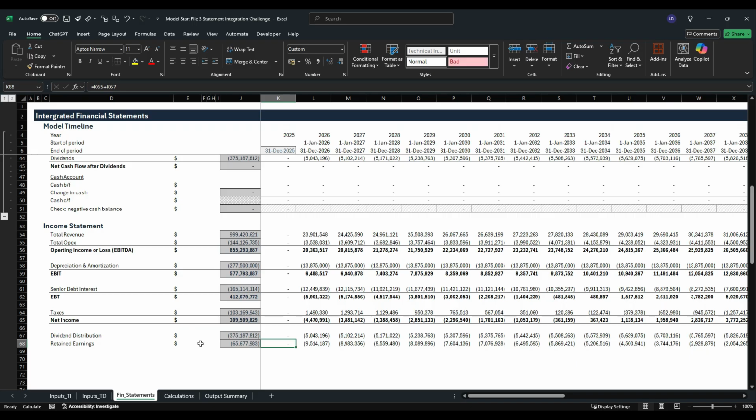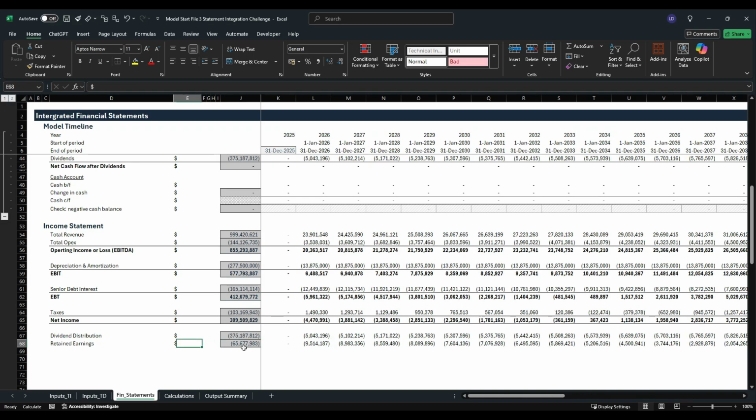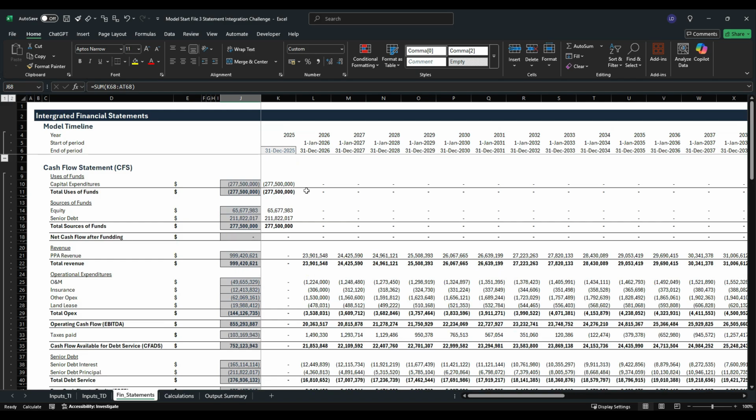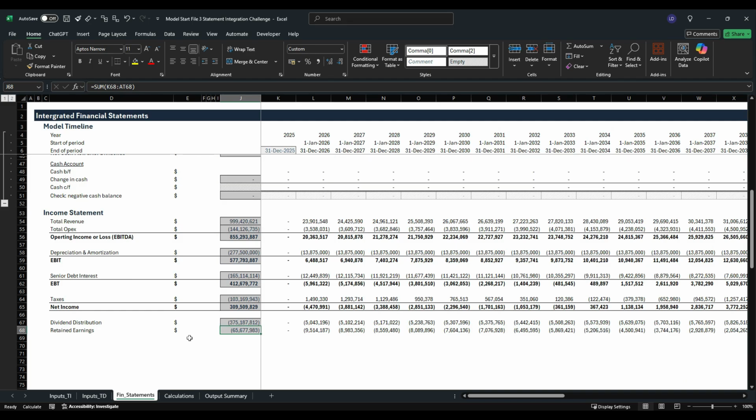Now, if you've got a sharp eye, you will notice that this retained earnings number over the full asset lifetime, which essentially just changes during our depreciation and financing tenor, equals exactly our equity contribution. Why is that? The equity investor only receives back cash in the form of dividends.